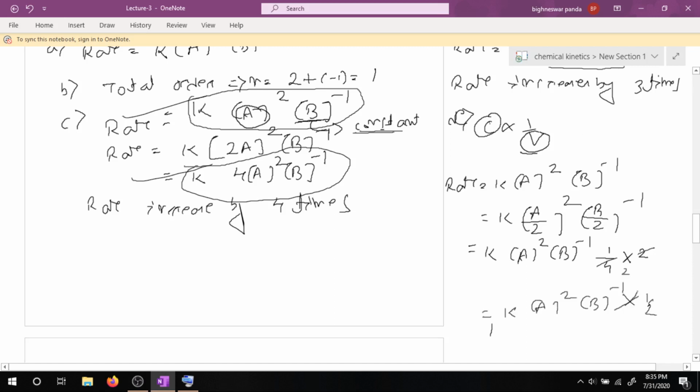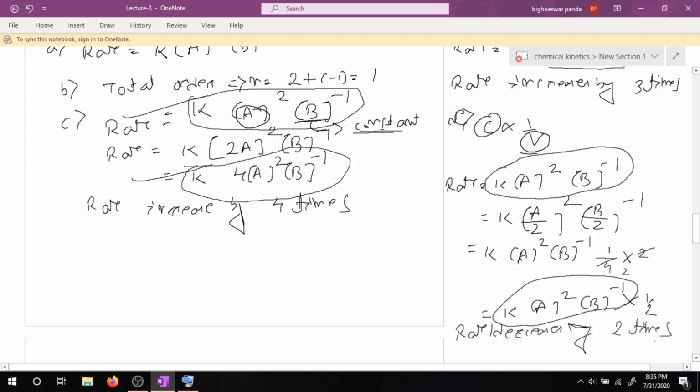So this is the final rate and this is the initial rate. By comparing these two, I can say that rate decreases by 2 times. So by this, just watch the approach to solve the problem.